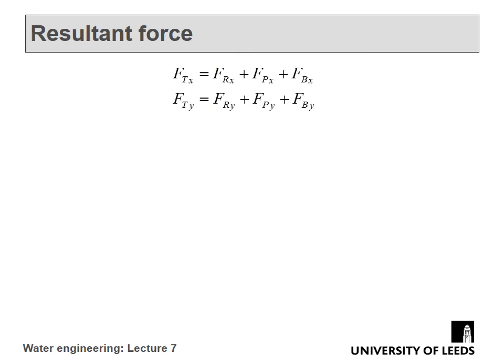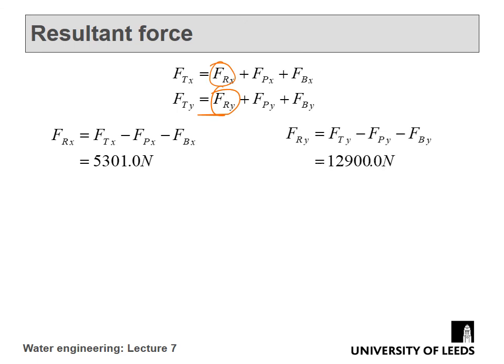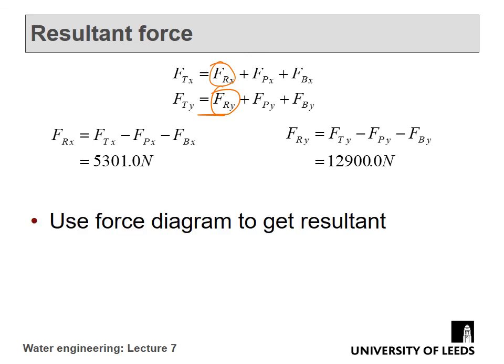So we've got these two equations for the resultant, and we're going to calculate the resultant force. The unknowns here are these two expressions, Frx and Fry. We've already calculated all the other six expressions. It comes out that Frx is 5,301 and Fry is 12,900.